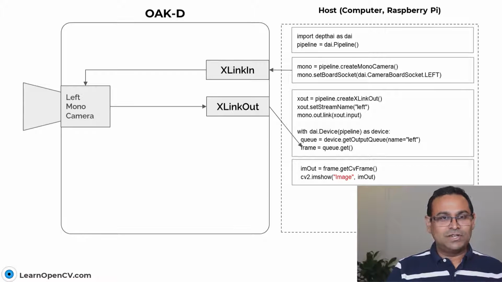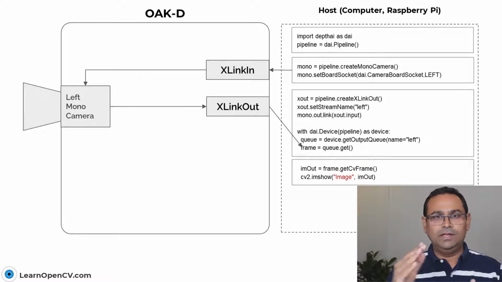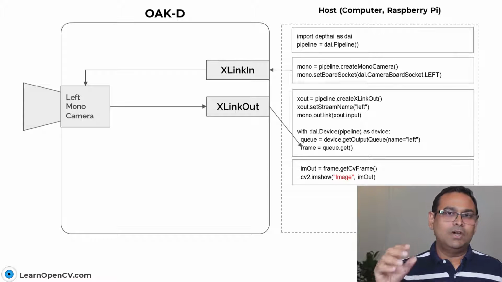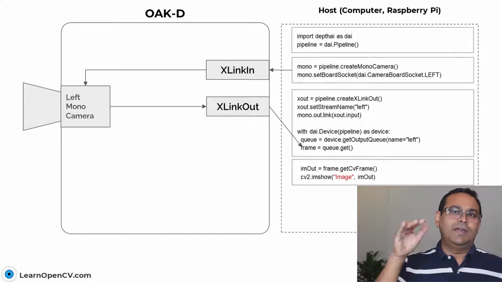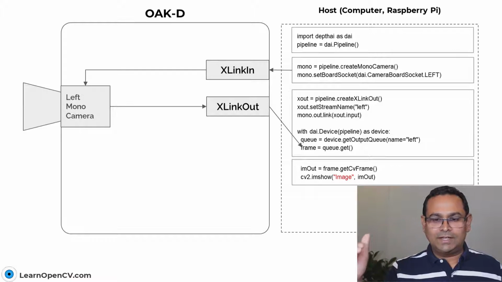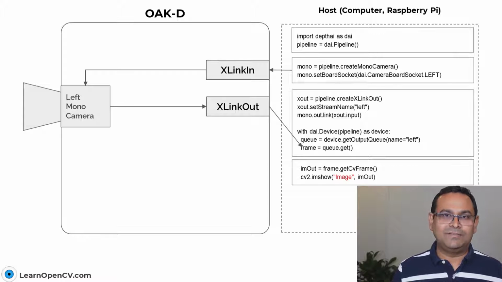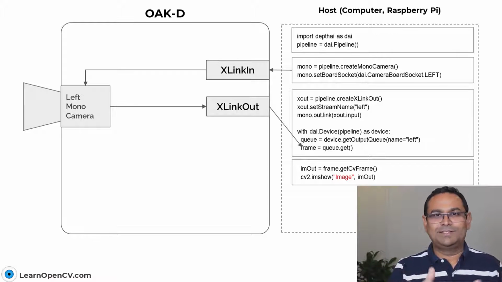So that is it. Just to summarize what we have done, we first imported the library, and then we created a pipeline. Onto the pipeline, we attached the left camera node, and then we attached an X-Link out to get the information out from the left camera. We need to specify a few things when we are doing this.